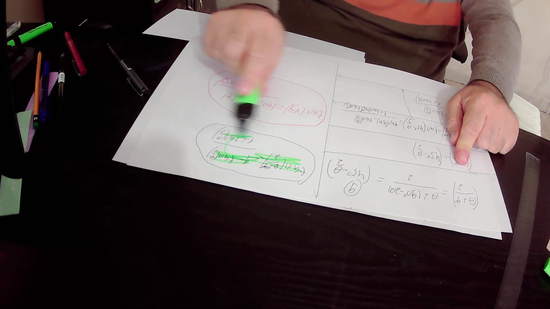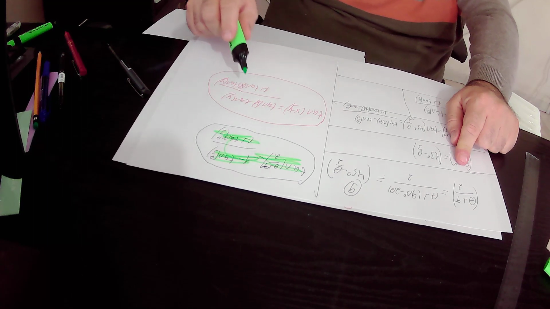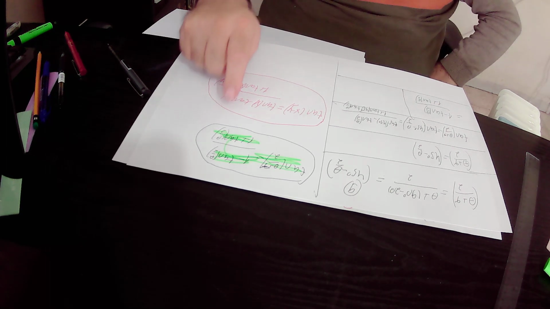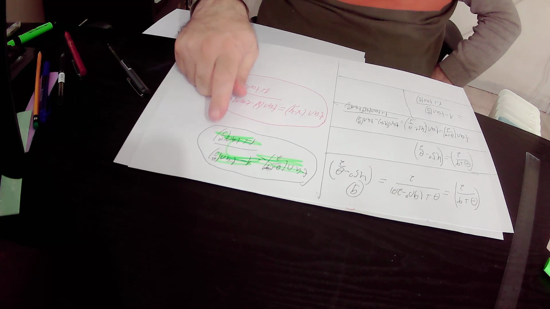So in order to find out the value of tangent of (theta plus alpha) over 2, we have to find out the value of tangent theta over 2.